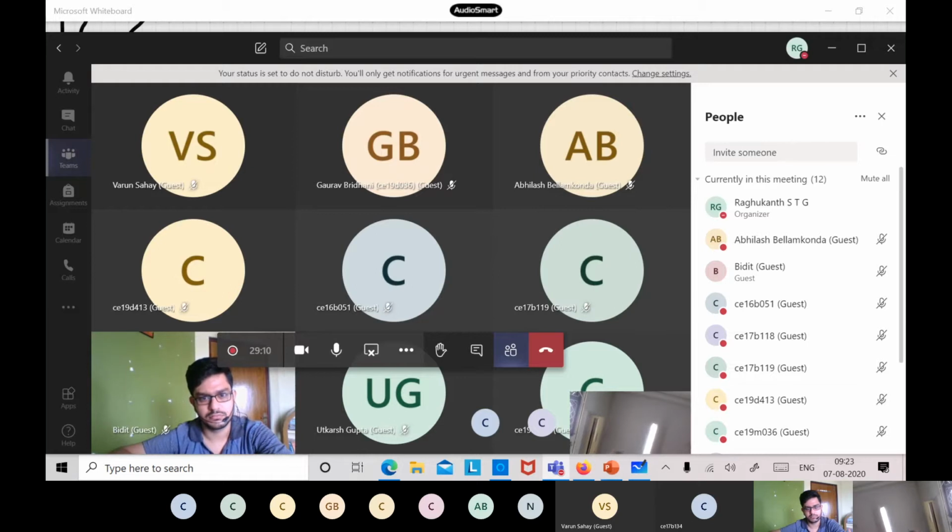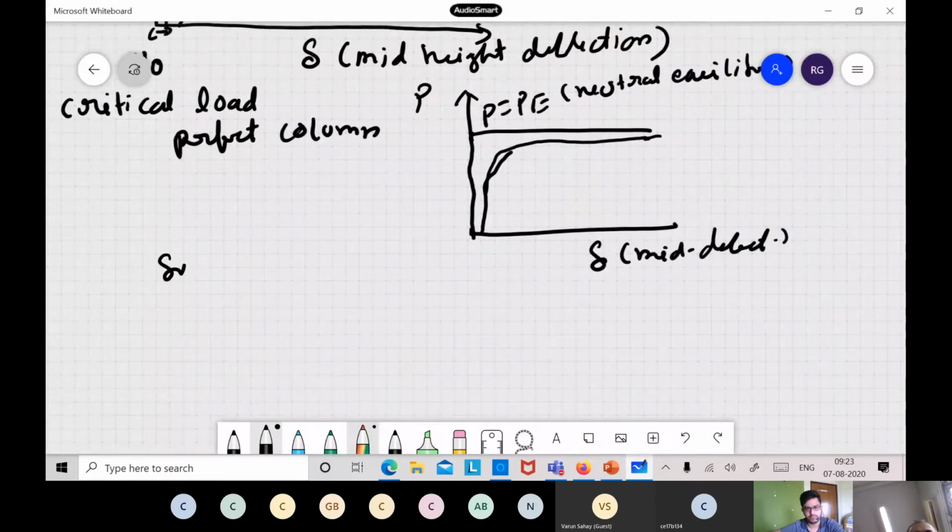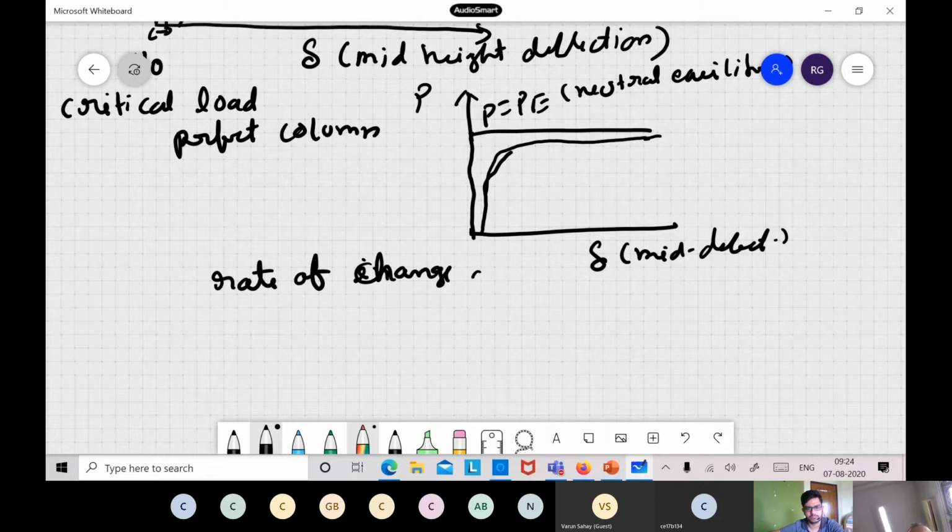You would have done this previously. So how do you define that? You can see a sudden change in deflection, or a sudden rate of change, you can say. So if you see this rate of increase, the rate of change of deflection.